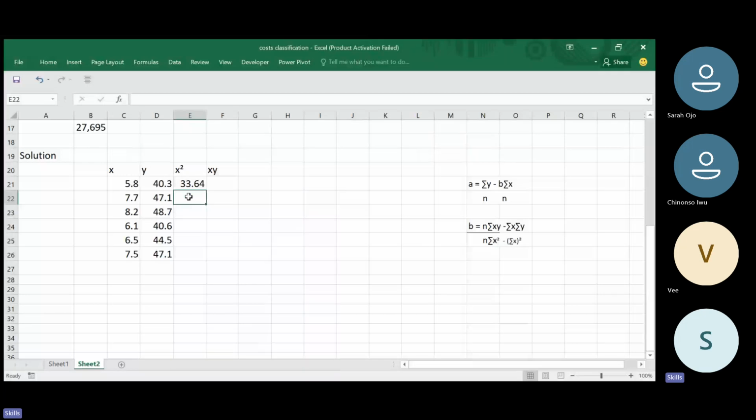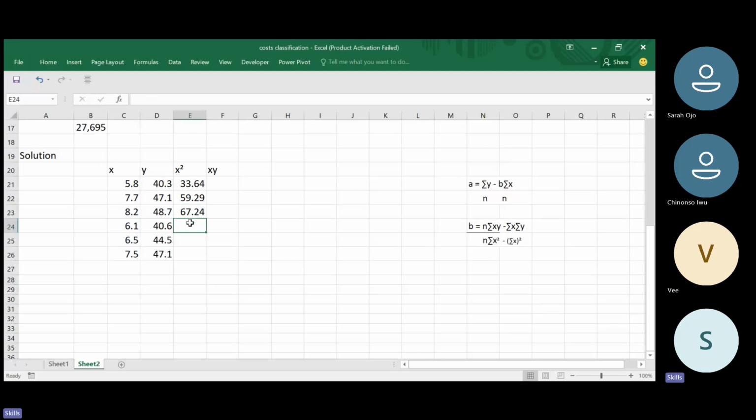What are we going to get? If you multiply 7.7 by 7.7, we'll have 59.29. Same thing goes for 8.2 squared. 8.2 squared is 8.2 times 8.2, which will give us 67.24.